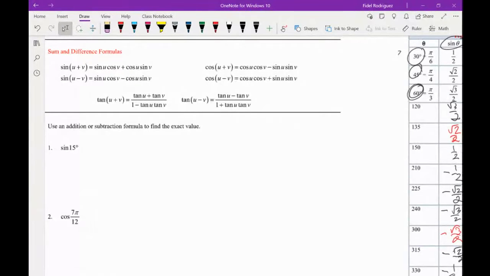Is there a way we can come up with 15 degrees using either 30, 45, or 60, whether we add or subtract? Meaning, can you come up with the number 15 by either adding or subtracting 30, 45, or 60? How would you do it?